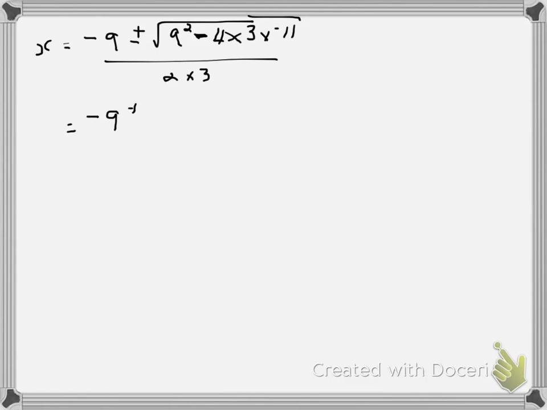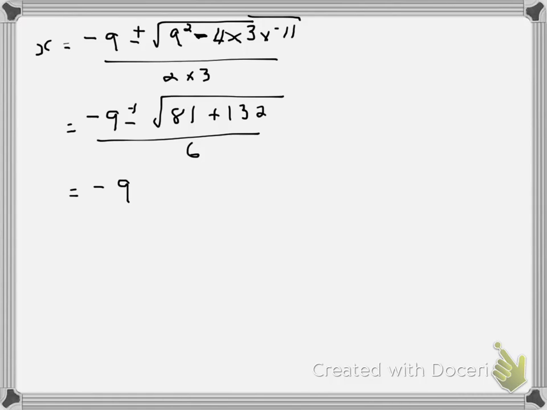Negative 9 plus or minus 81 plus, and that's going to work out to be 132 over 6. If I keep going, negative 9 plus or minus the square root of 216 over 6.